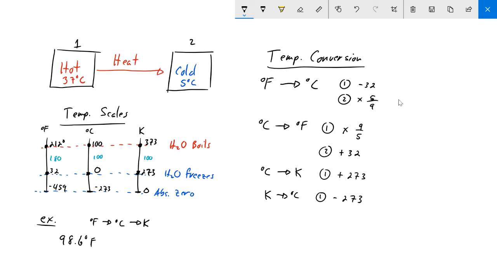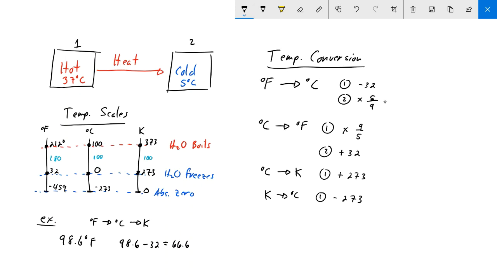So if I have degrees Fahrenheit here, and I go from Fahrenheit to Celsius, the first thing I have to do is subtract 32, and then I take that answer and I'll multiply it by 5/9. So I'll write my 98.6, I'll subtract 32, and I have 66.6.